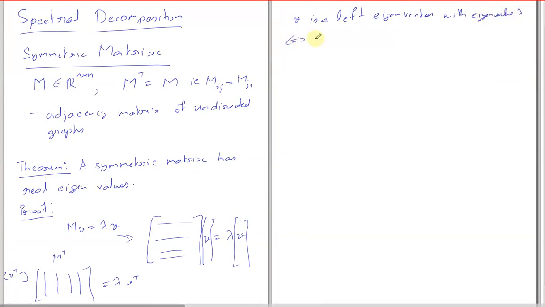This is true if and only if V transpose is a right eigenvector. Do you agree with this statement? Sir, for a symmetric matrix. Yeah, of course, it's for a symmetric matrix. In today's lecture, everything is a symmetric matrix.